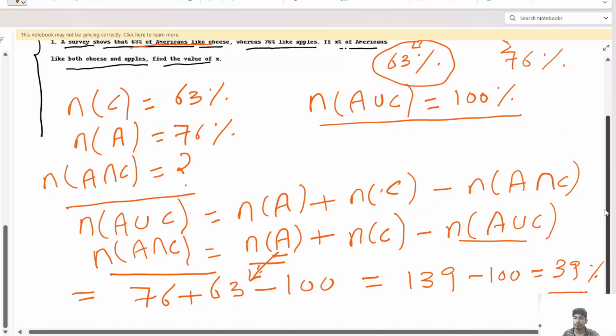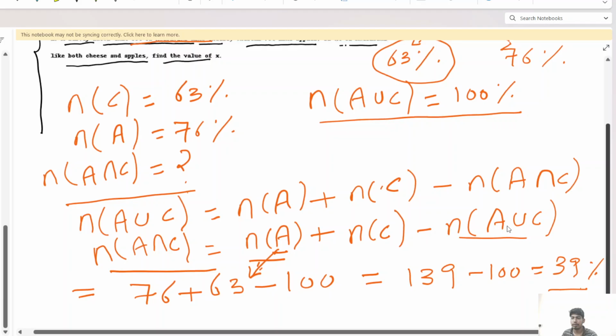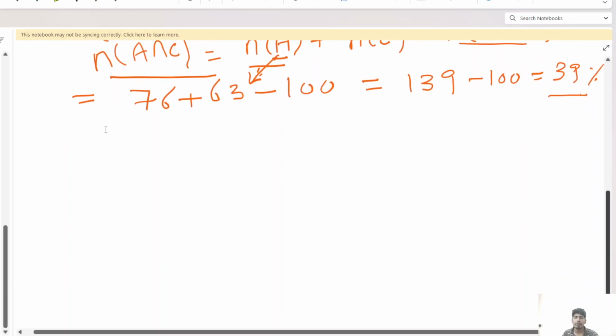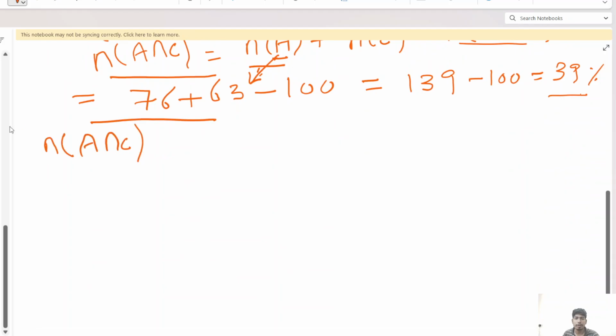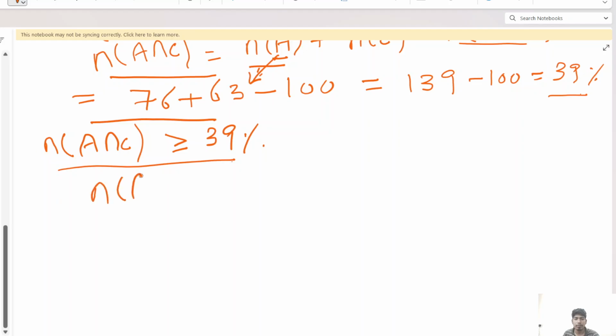This means the number of American people who like both cheese and apples is at least 39%. But what is the maximum? The maximum is the minimum of A and C, that is 63%.